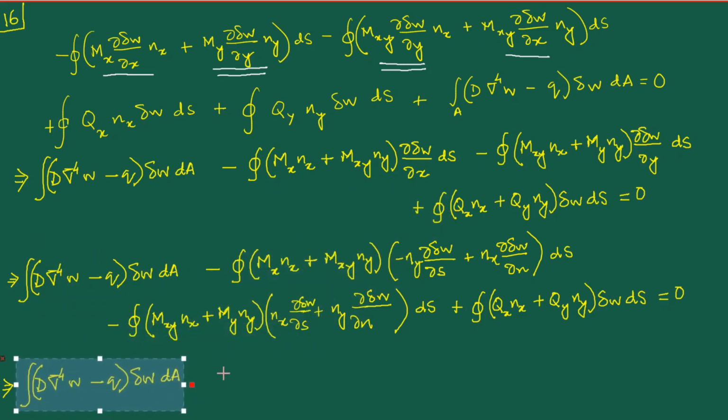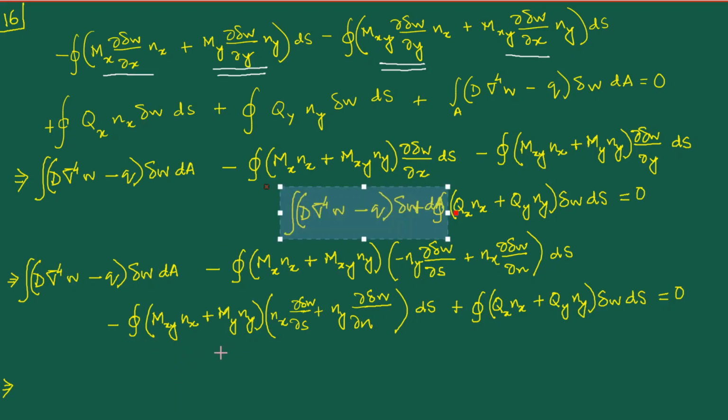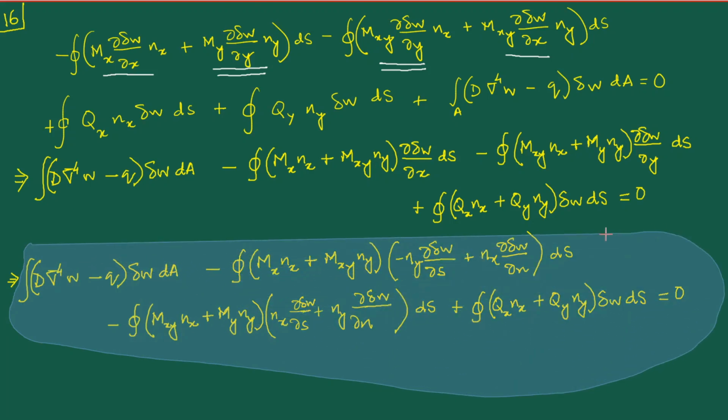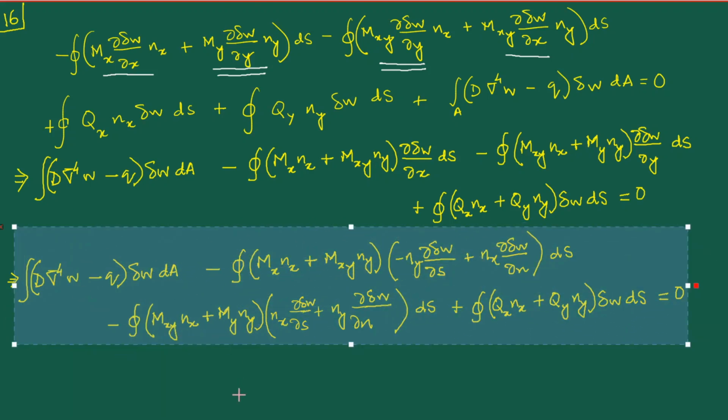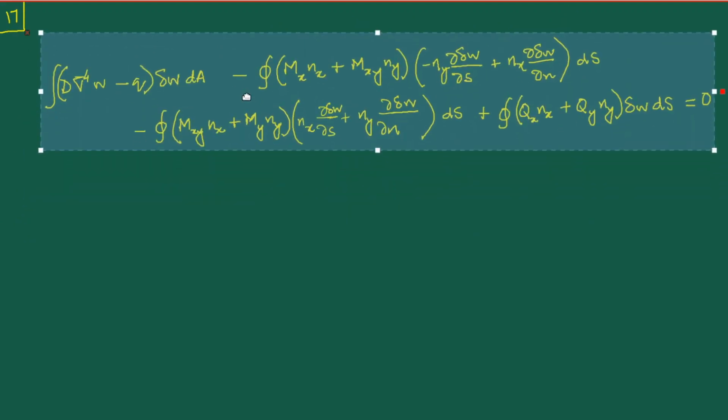Maybe it's a better idea if I don't do this here. Instead, I just copy this thing out and go to the next page. There's no point in cluttering it out.